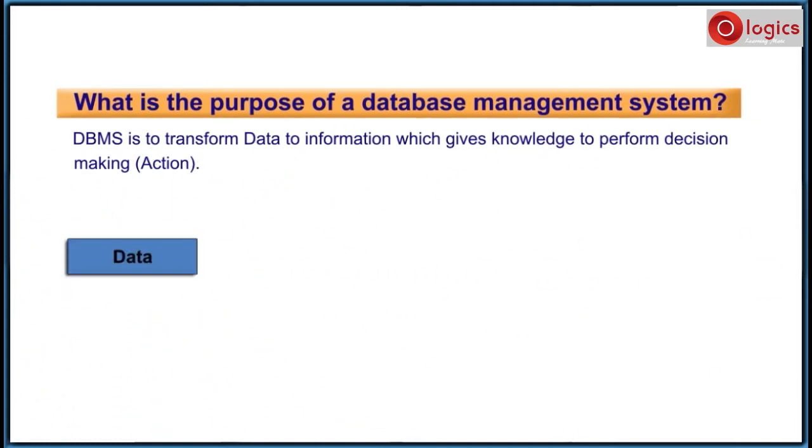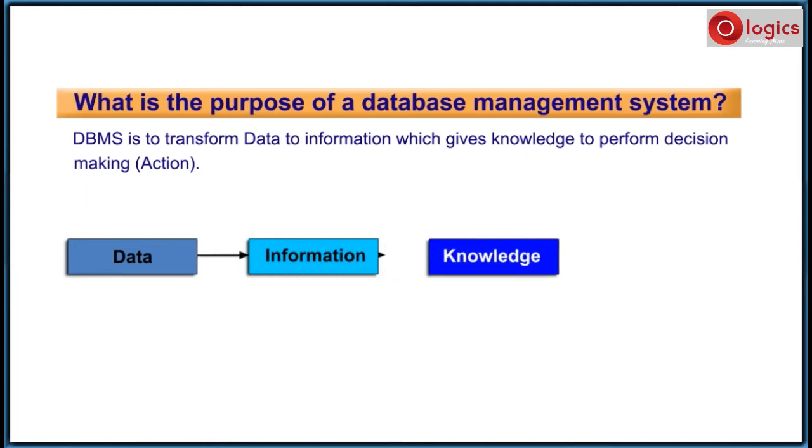This is the data. From this data you can get the information which gives knowledge. It leads to take decision, that is action. We know what is the purpose of database management system.